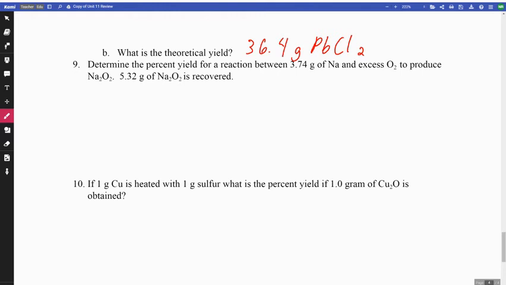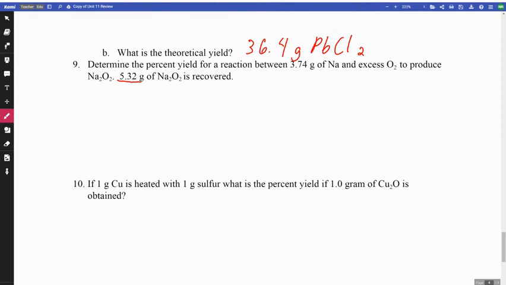We just have to do one of them because this 5.32 grams of Na2O2, that is not a given. It says that amount of Na2O2 is recovered. That means that is the actual yield. So what that is if we actually did this experiment, took 3.74 grams of Na and reacted it with O2, 5.32 grams of Na2O2 is how much we gathered after the reaction.